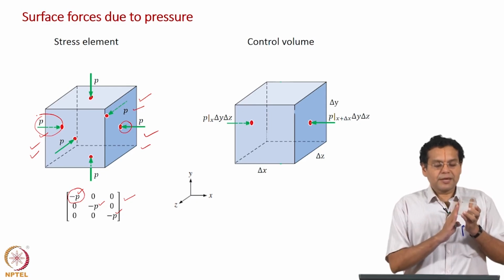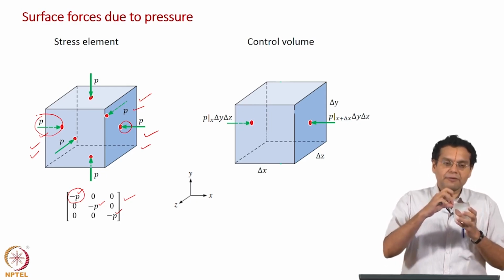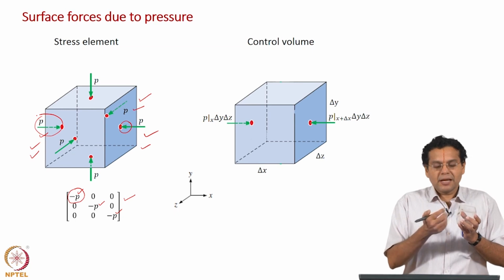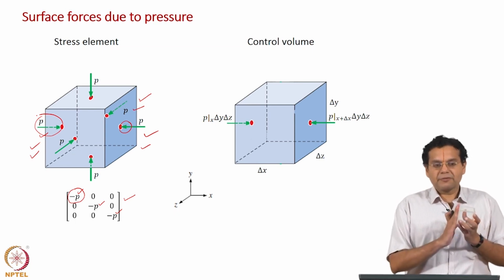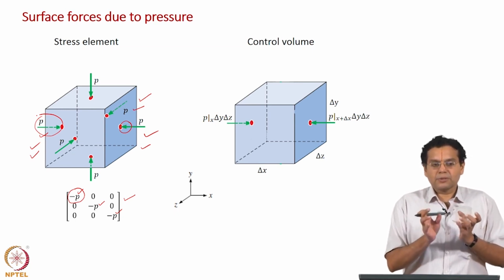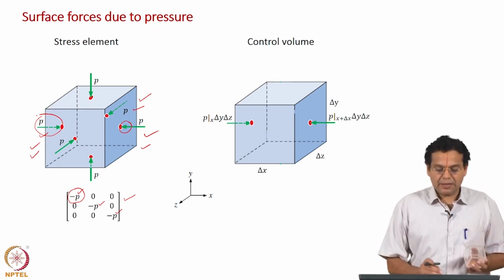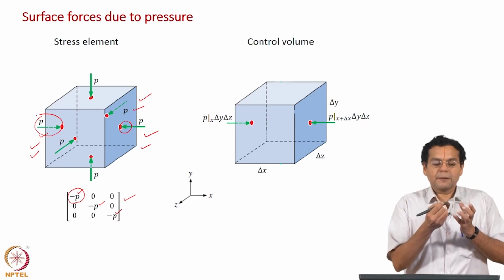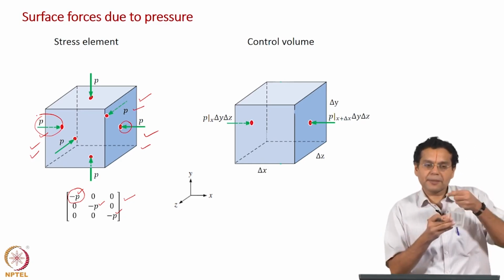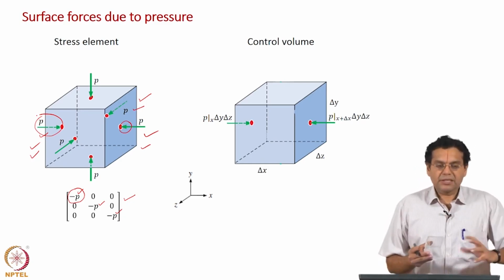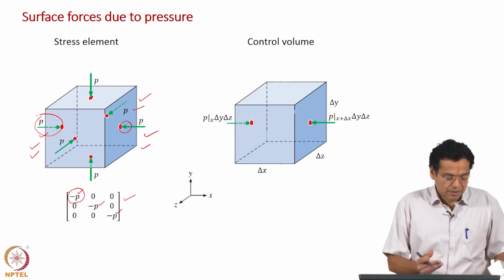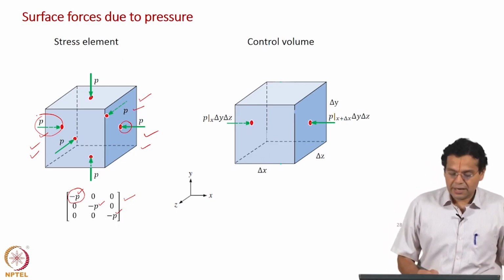Just imagine this face and the opposite sides of the same face, a very thin face, and we already proved that if you have an interface, the normal stresses acting on opposite sides of the face are equal and opposite. That is why we are representing p in this way, and on the other side we are representing p in this direction. So, it is not a physical volume, just a representation. Analogously we can extend to other directions.